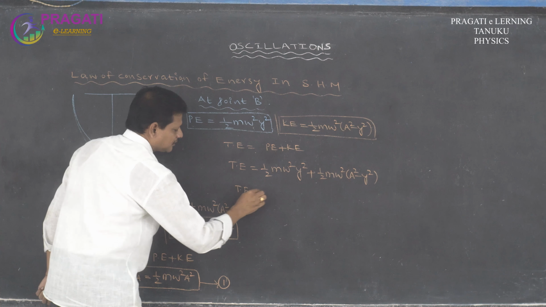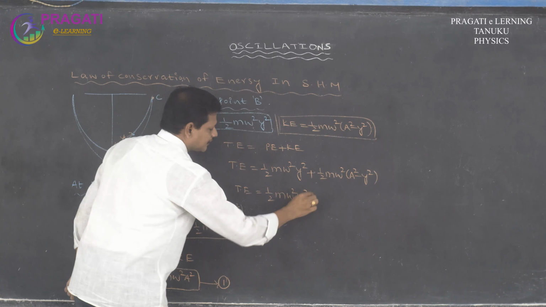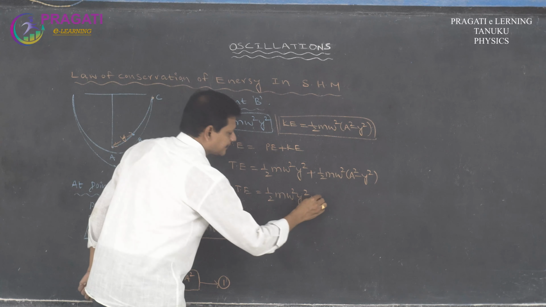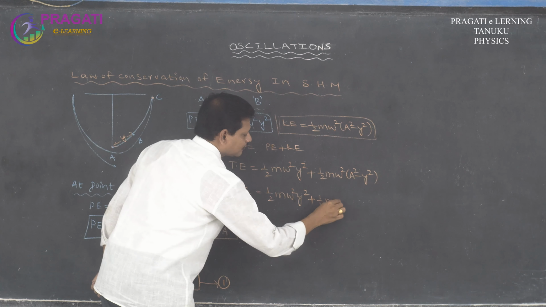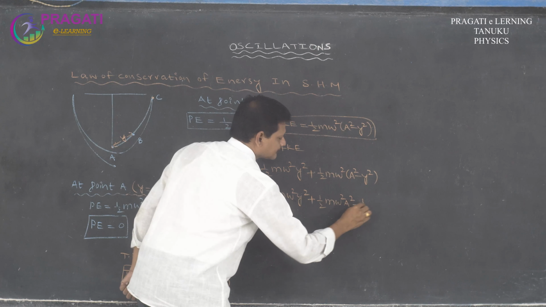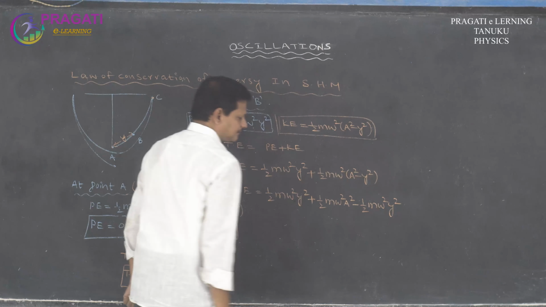So TE is equal to half m omega square y square plus half m omega square A square minus half m omega square y square.